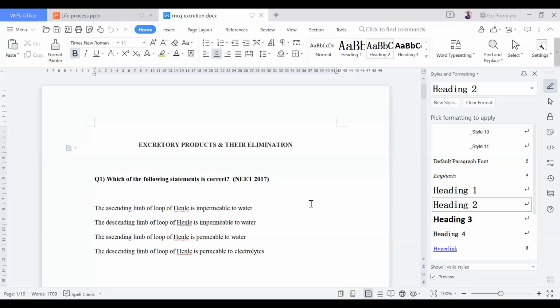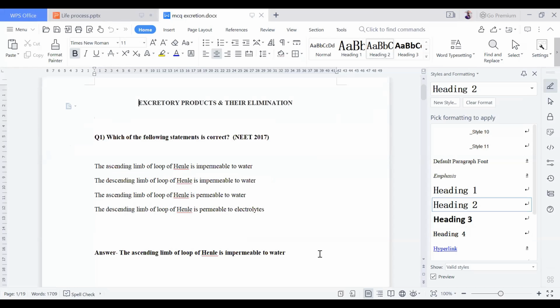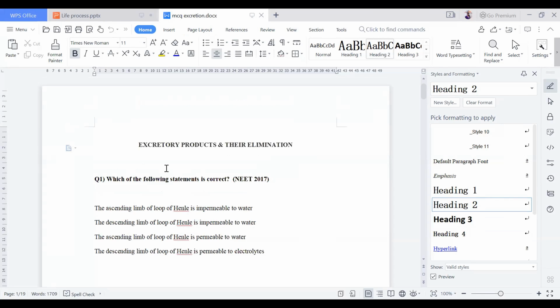Okay. So the first question is, you can message me your answer. Which of the following statements is correct? Option A, the ascending limb of loop of Henle is impermeable to water. Option B, the descending limb of loop of Henle is impermeable to water.